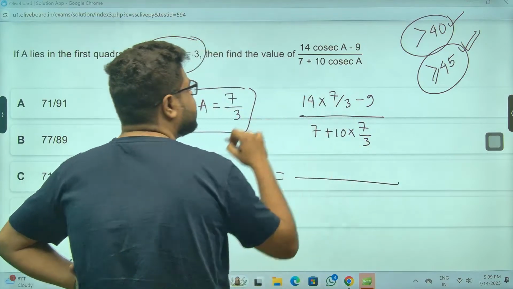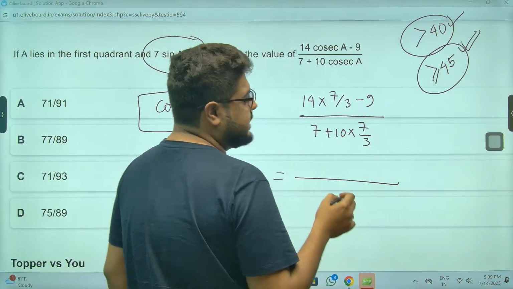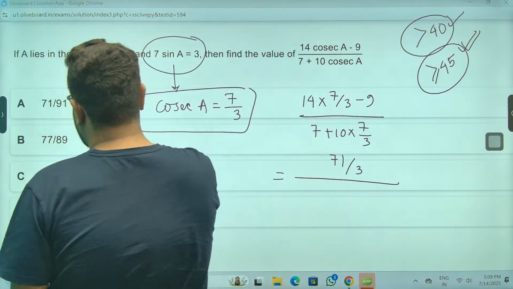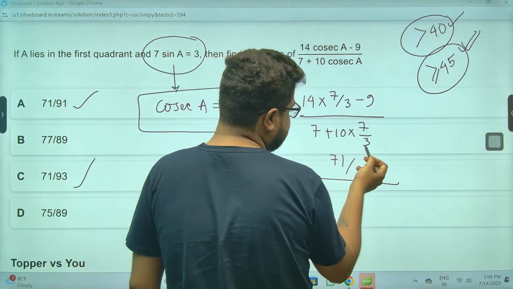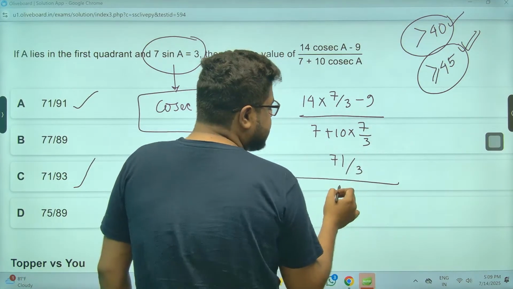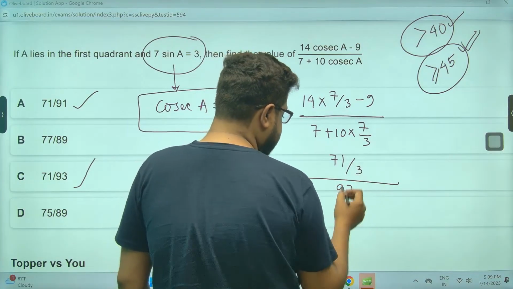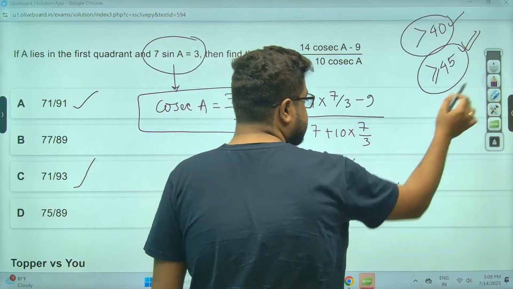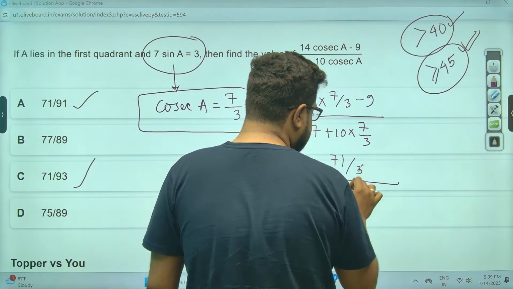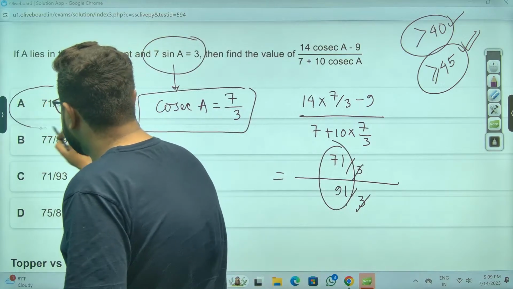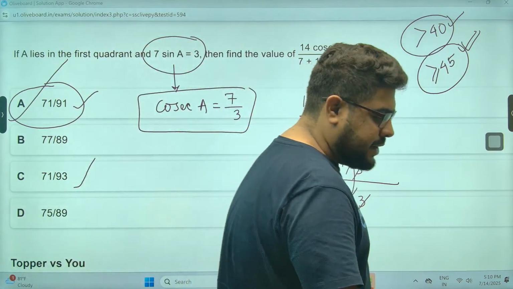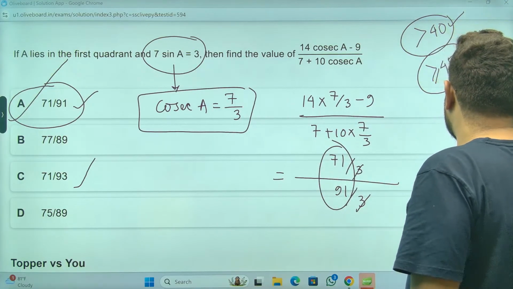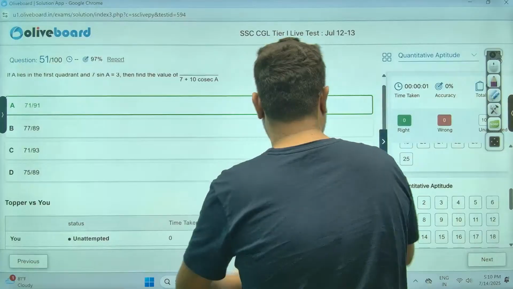If you calculate, 98 minus 27 is 71. The numerator is 71, and the denominator is 70 plus 21, which is 91, divided by 3. The 3 cancels, so 71 by 91 will be the answer. Option A, 71 by 91. A very, very simple question to start with. Let's move on.